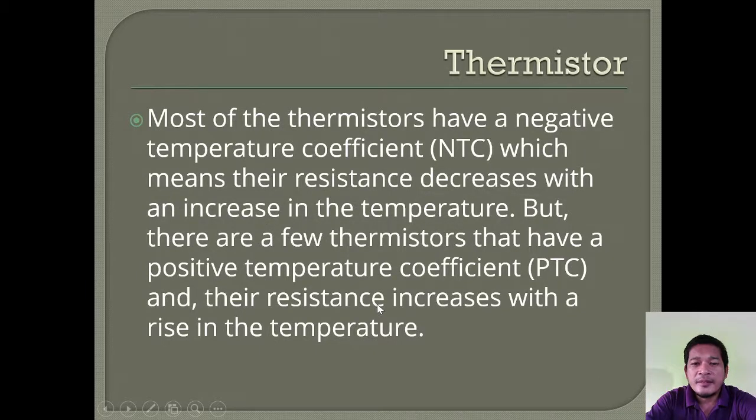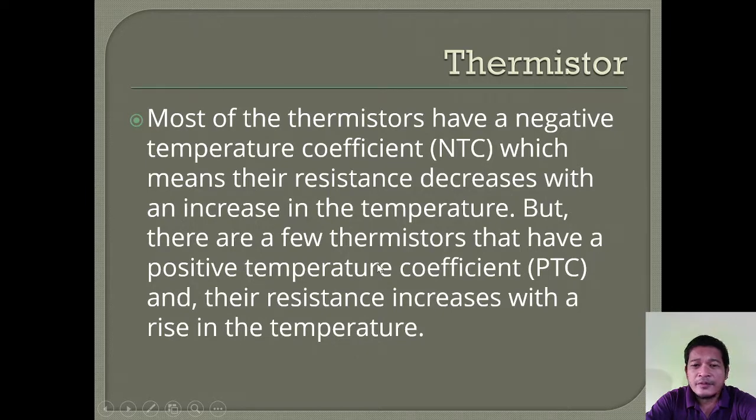Most of the thermistors have a negative temperature coefficient or NTC, which means that their resistance decreases with an increase in temperature. When we say negative, when the temperature increases, the measured resistance decreases.